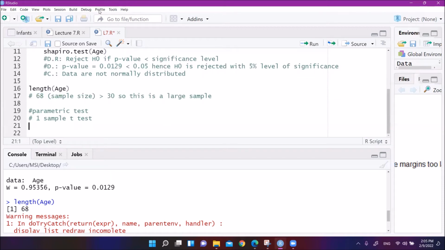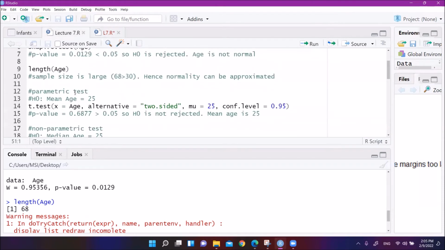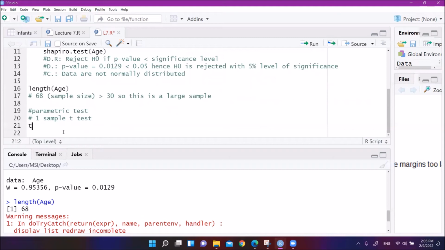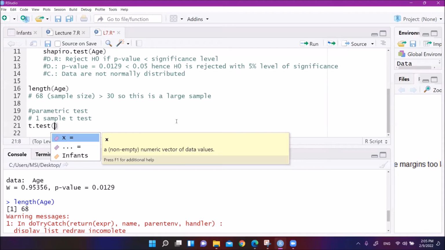So the test, this is the code. t.test, basically, is for the t-test. After this appears in R, just press Control and the space bar.